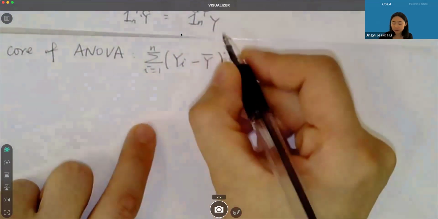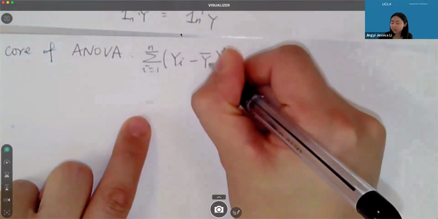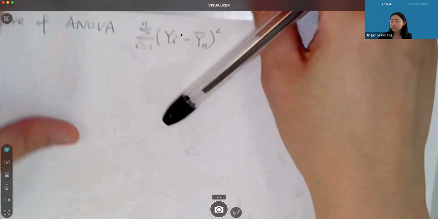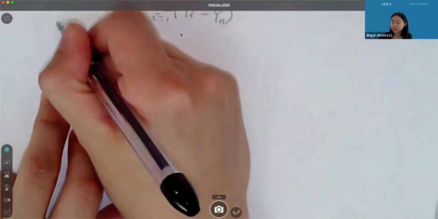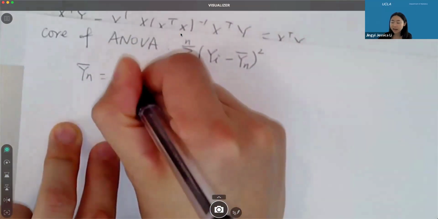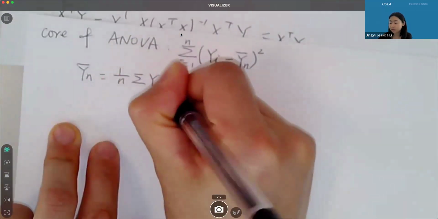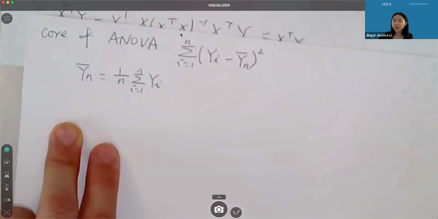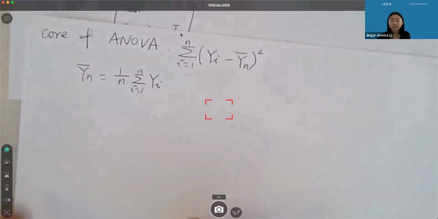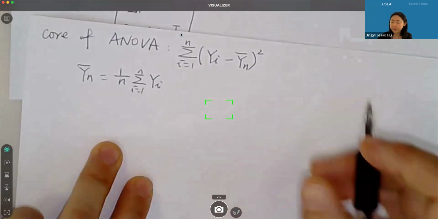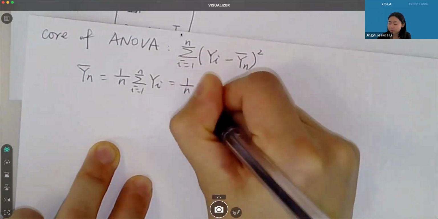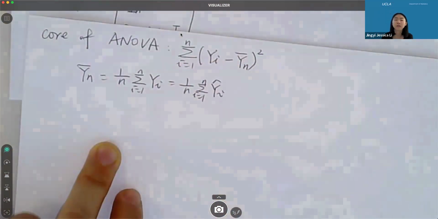Some people may refer to this as ym bar, so it's just whether you denote the sample size here or not. This y bar is defined as the average of yi, which based on our previous argument is the average of yi hat.